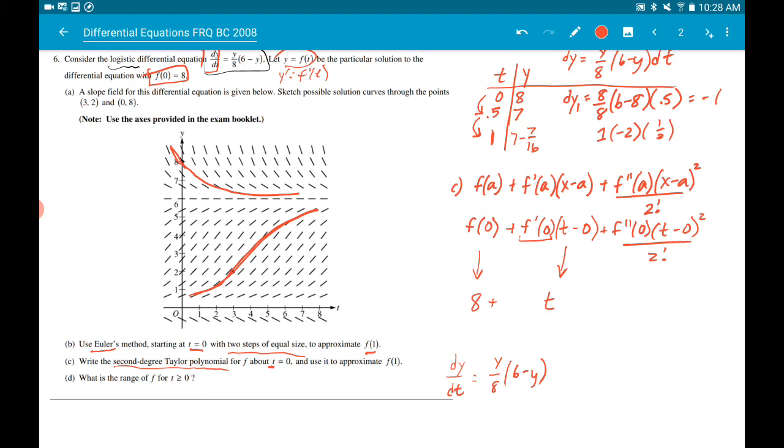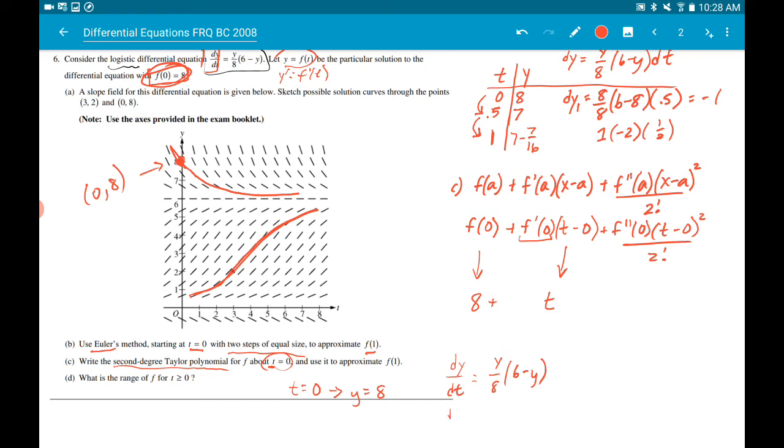Now, one of the hardest things that I thought about this problem that really challenges me, challenges you, is that this differential equation is in terms of y, but the value we were given was a t value, t equals 0. But when t equals 0, whether you're looking at 0, 8 on the graph, or you just see it come together, when t is 0, the corresponding y is 8.